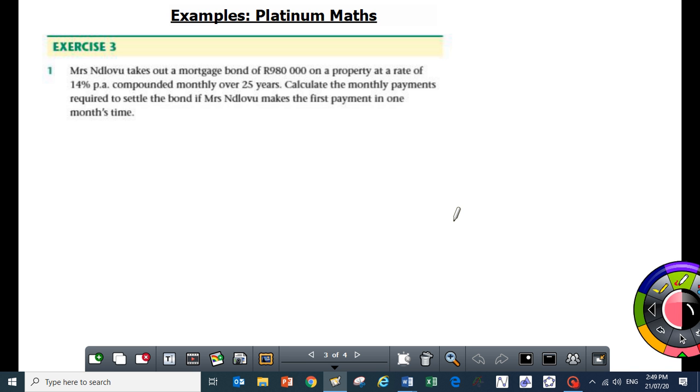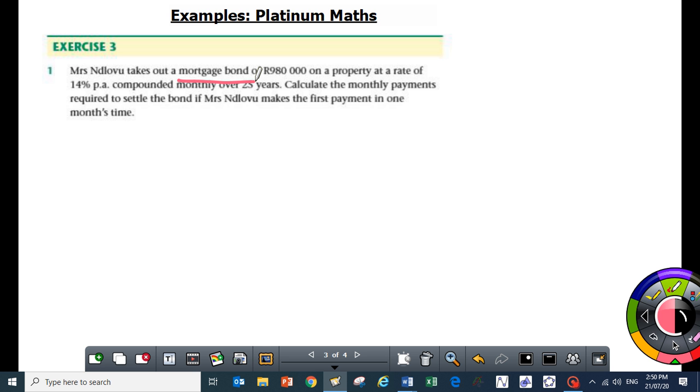So this question says, Ms. Ngobu takes out a mortgage bond of 980,000 rand on a property at a rate of, okay, that's a mortgage bond. That's a sign that the person is borrowing to buy a house.